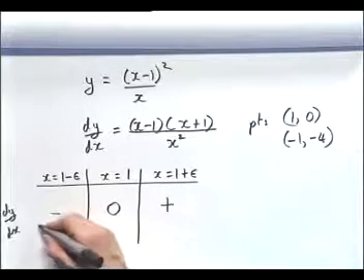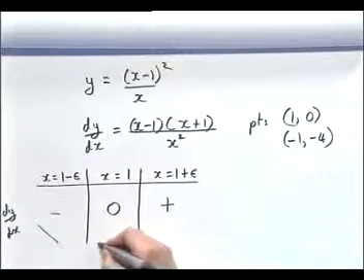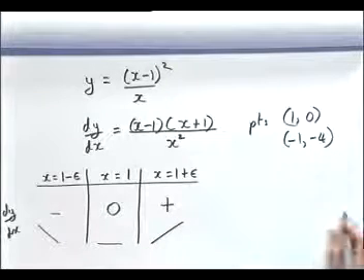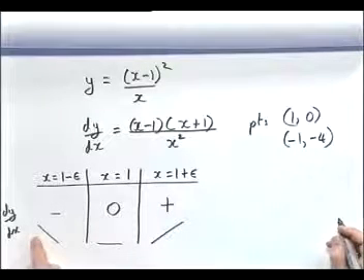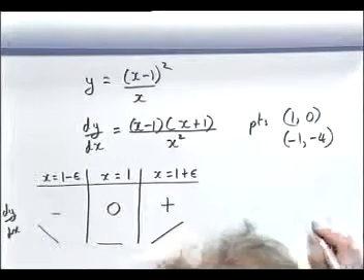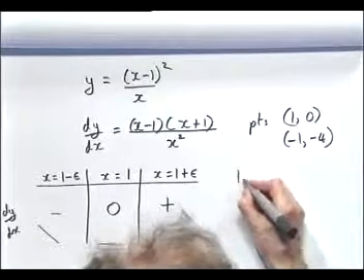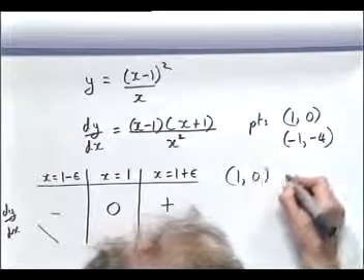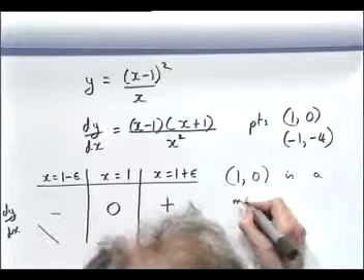So if we sketch the slopes of the tangents, we have a negative slope, a flat slope, and a positive slope. And so what we can see is that this defines the shape of a minimum. And so we can conclude that (1, 0) is a minimum point.